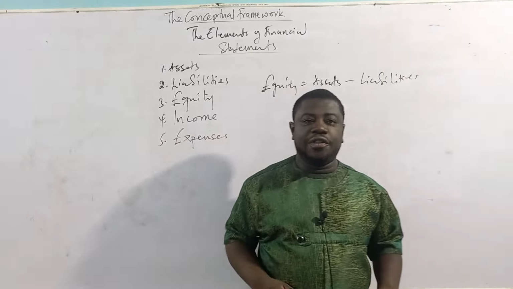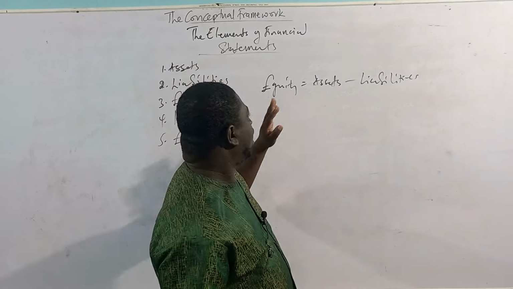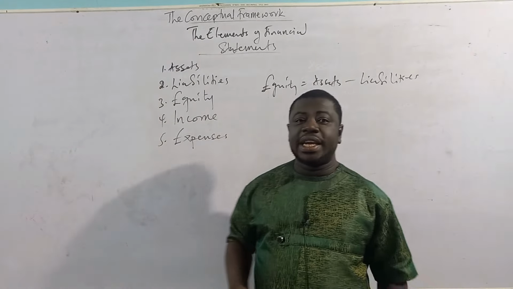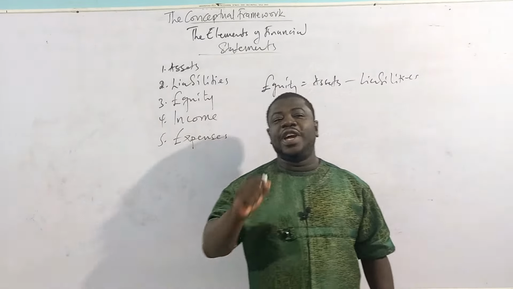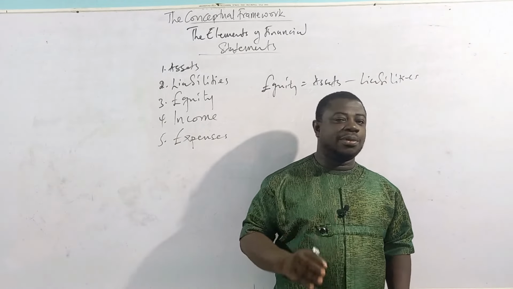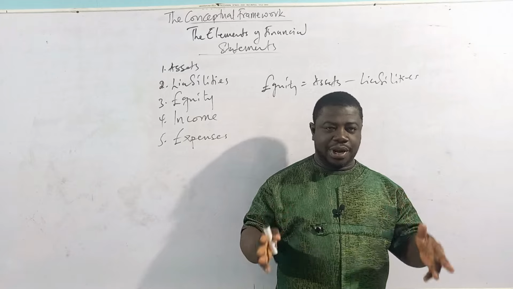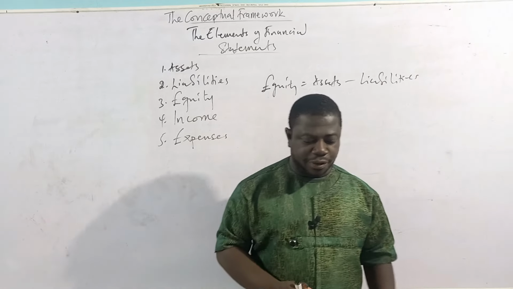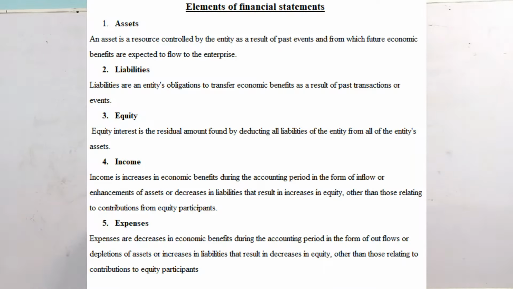All right, so having known the definition of equity, let's look at the next one, income. Now, the definition of the income and expense from the conceptual framework is quite lengthy, but very understandable. So I want you to look at it from the screen and then we'll explain it. Income is the increase in economic benefit during the accounting period in the form of inflow or enhancement of assets or decrease in liabilities that results in increase in equity other than those relating to contributions from equity participants.